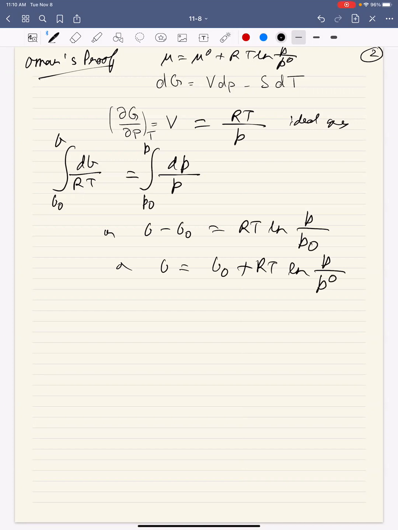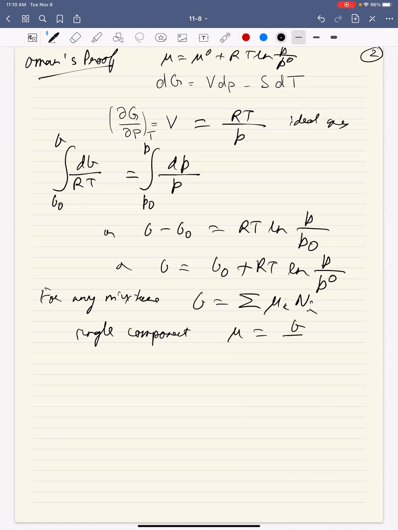Now, Alex, you can help me. Well, G is mu n. G is mu n, right? For any mixture, G is equal to the summation of mu i n i, right? And if it's a single component system, ideal or not, mu is just G divided by n, okay?